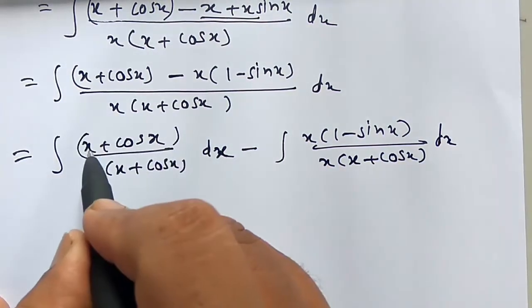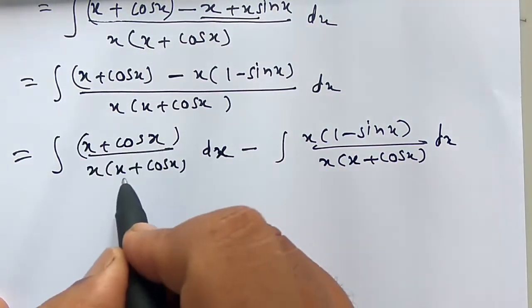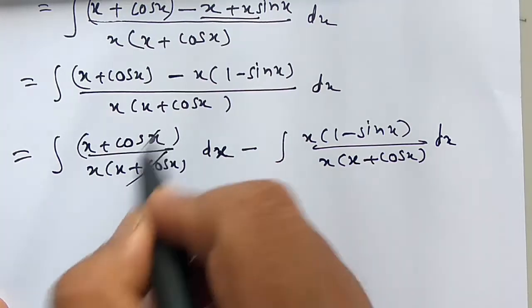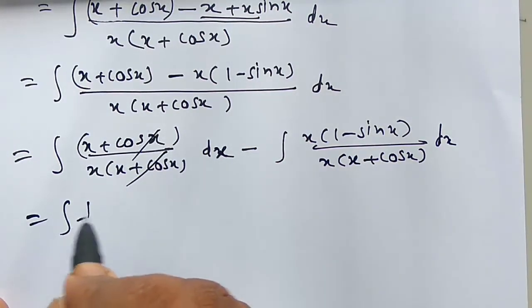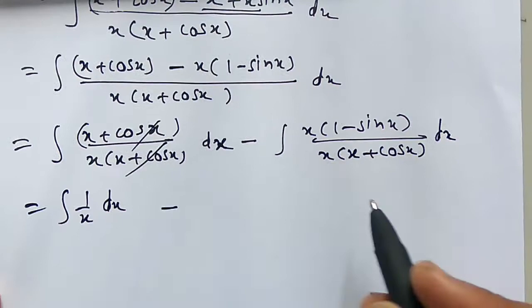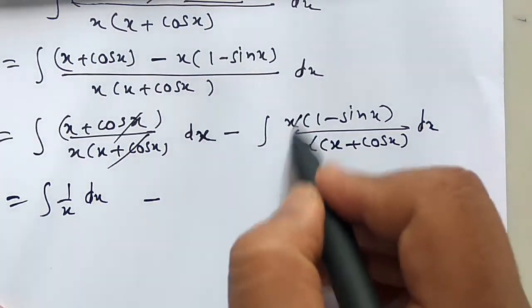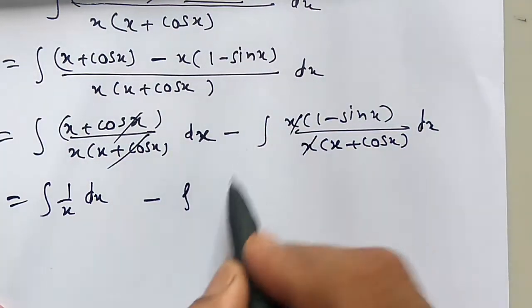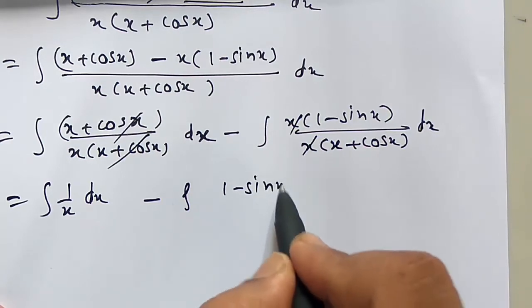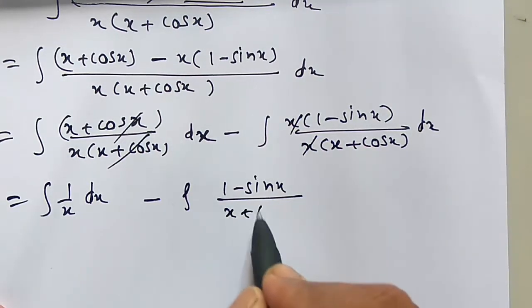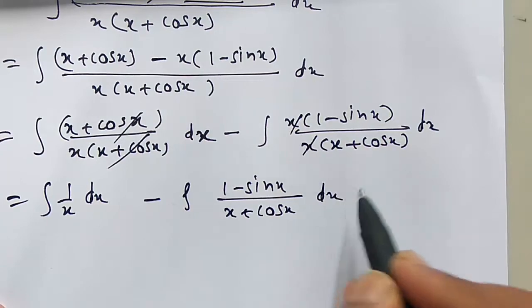Now here the factor x plus cos x upon x plus cos x gets cancelled. So it is integration of only 1 upon x dx minus, here x gets cancelled, integration of 1 minus sin x upon x plus cos x dx.